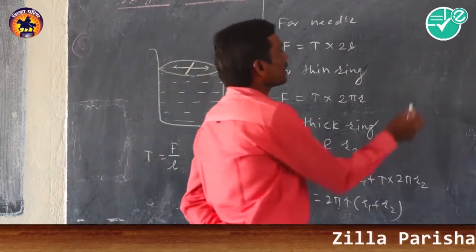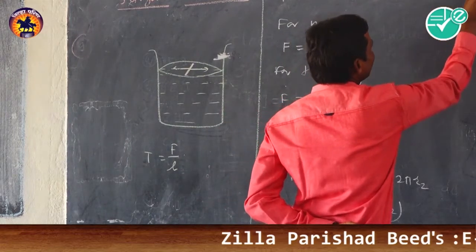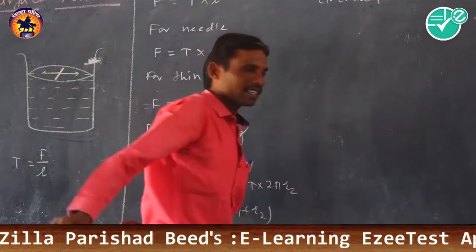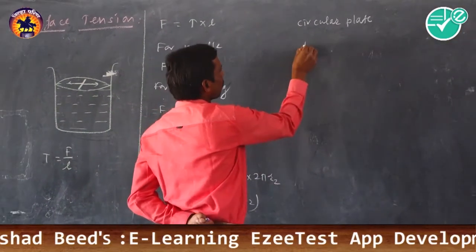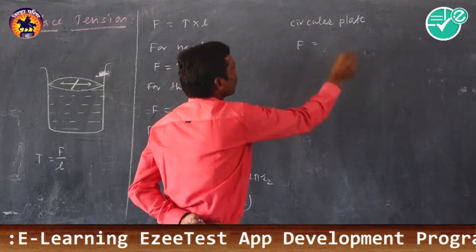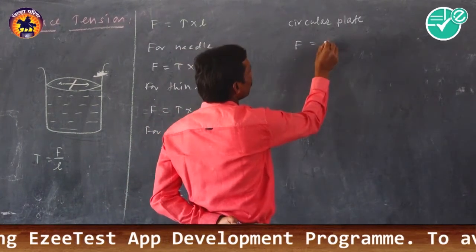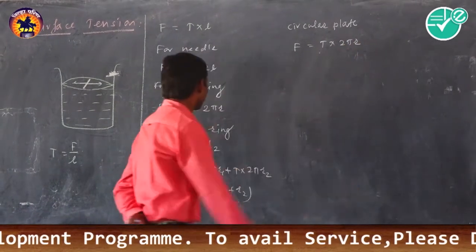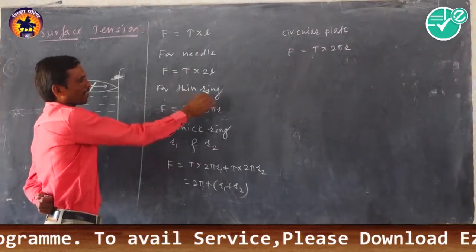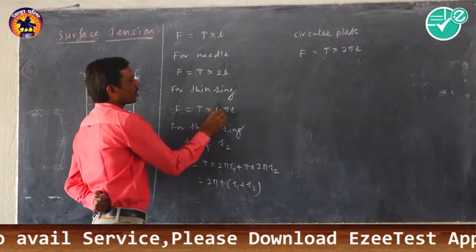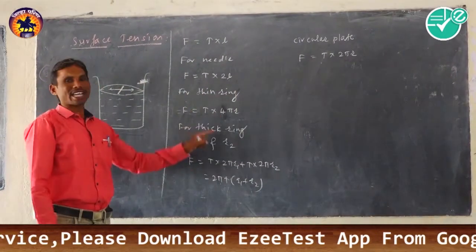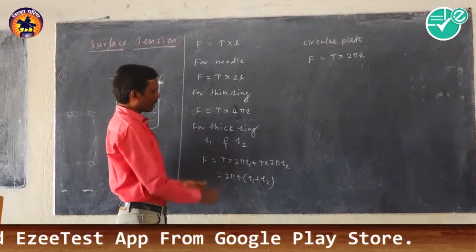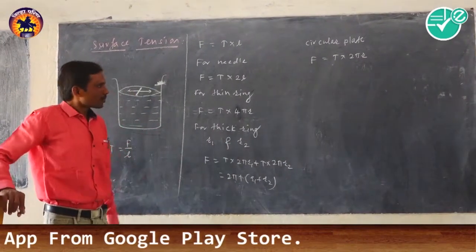Sorry, in case of a ring it is 4 because a ring has two sides in contact with the liquid. In the same way, in case of a thick ring, this expression is correct.